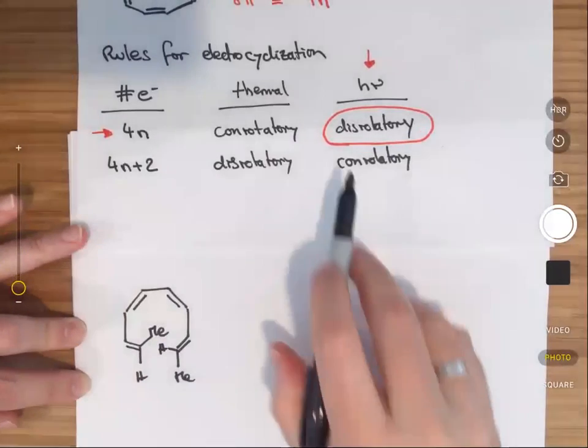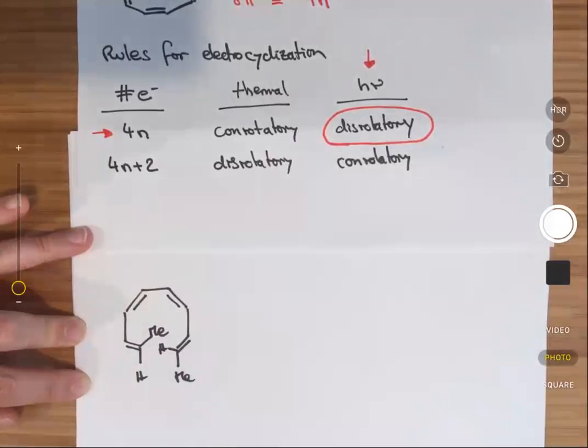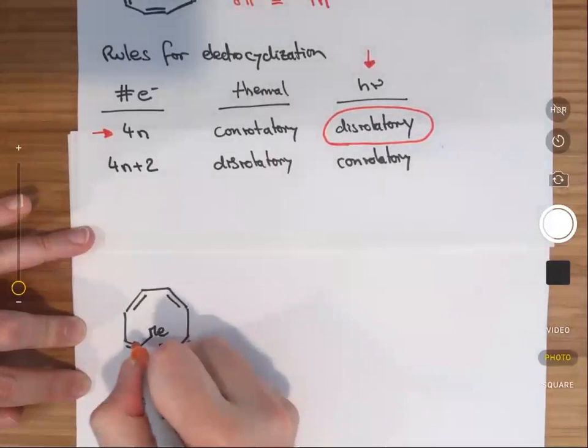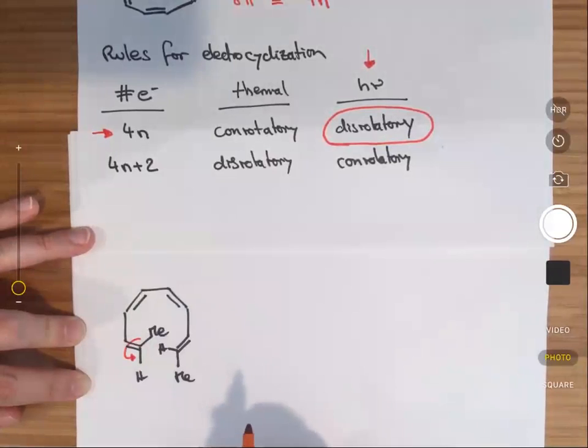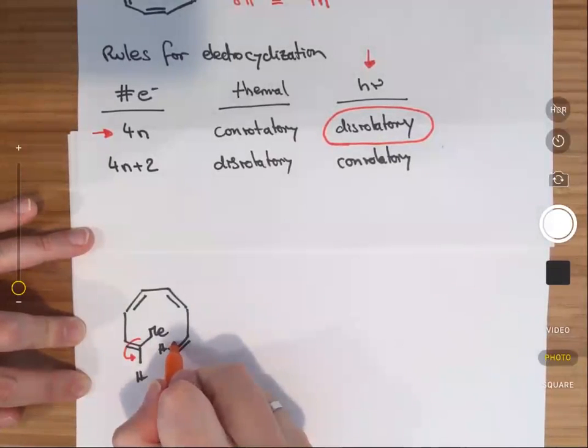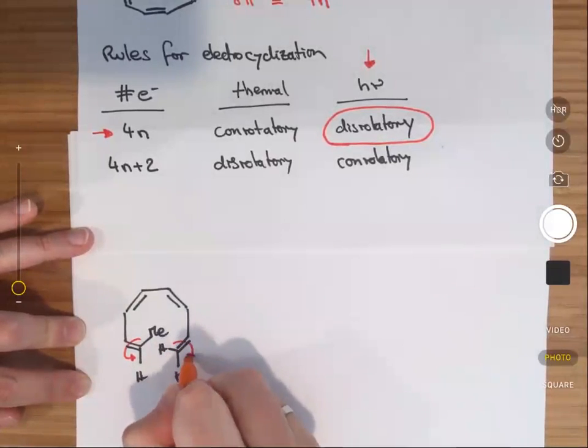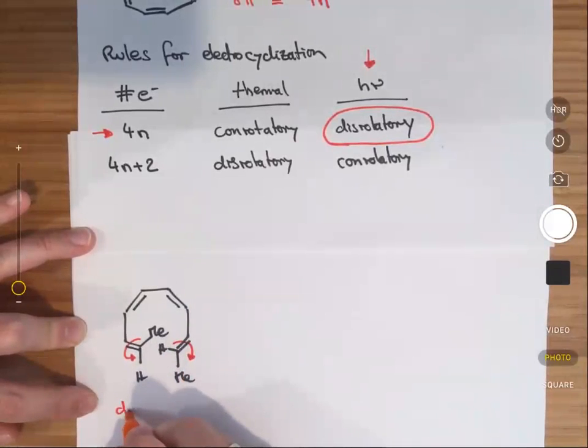And we know that we have to rotate disrotatory, so in opposite directions at the ends of the pi system. So I can take this one and rotate it anticlockwise here, and I can take this one at this end here and rotate it clockwise. So this is now disrotatory.